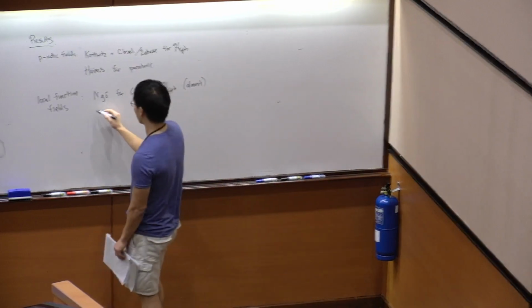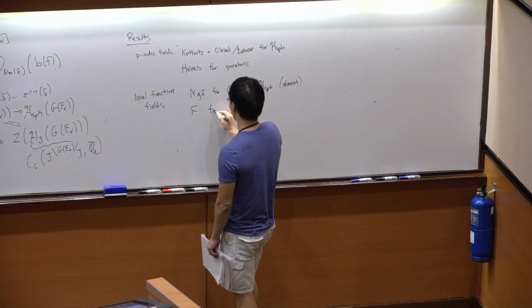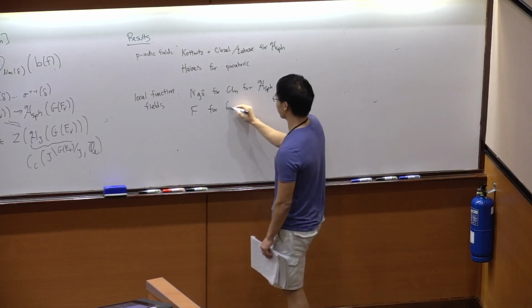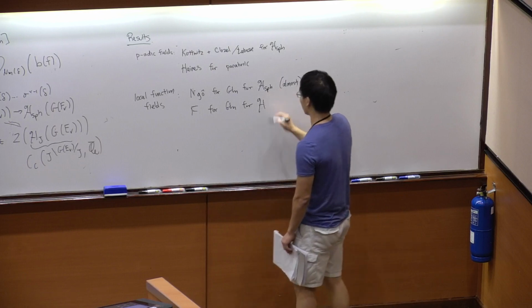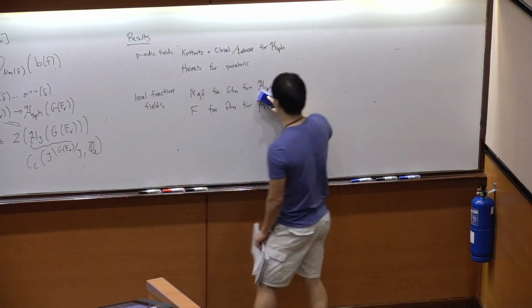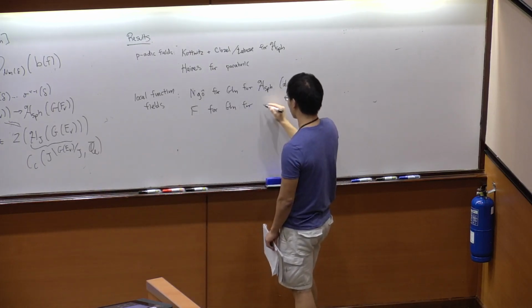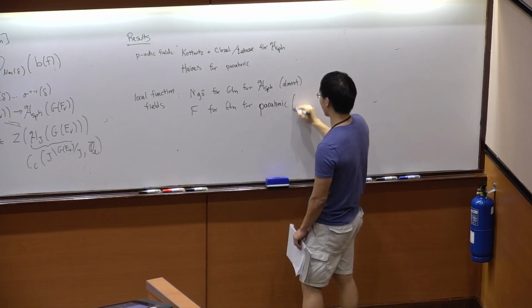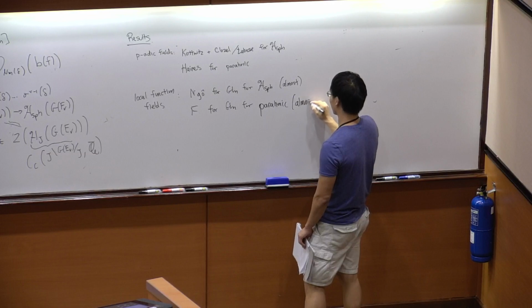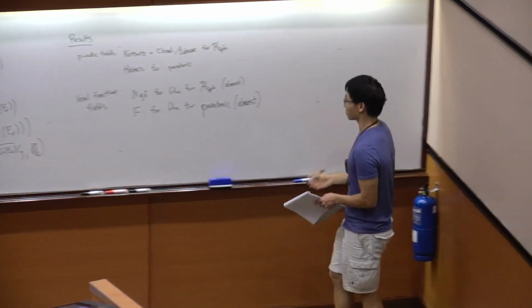And so my result was that in the exact same setting, so GLN again, you can get it for the parahoric Hecke algebras. And again, there's an asterisk. It's almost in the same sense.